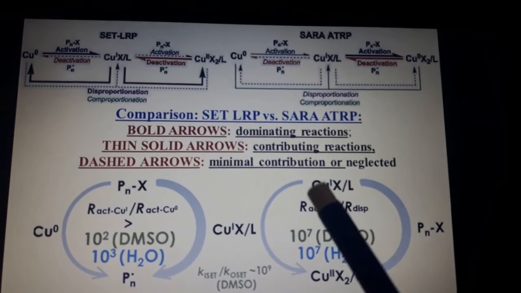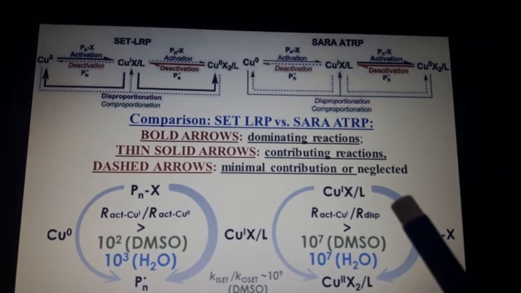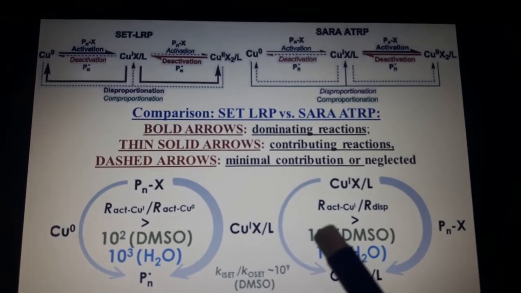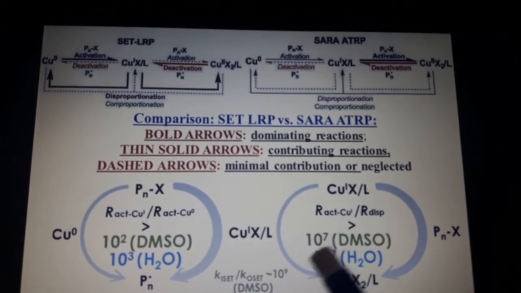Similarly, this copper is carrying out this activation by production of free radical and is converted. So the rate constant you can see here, activation disproportion, is quite higher in this case.